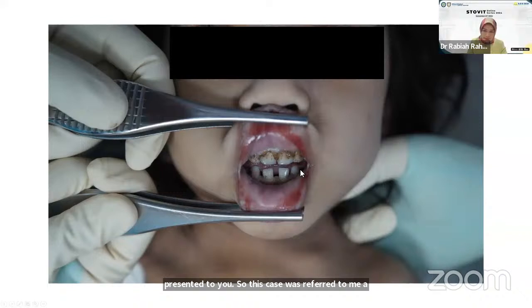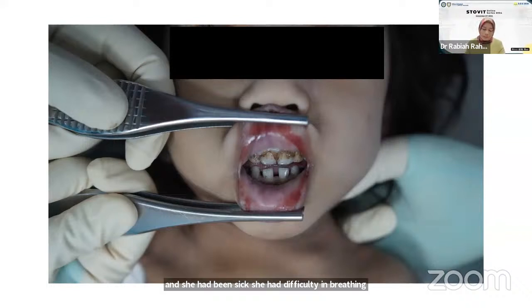So for this case, this child died at her home. What happened was the parents claimed that she had been sick for a while, and she had difficulty breathing, and so on.